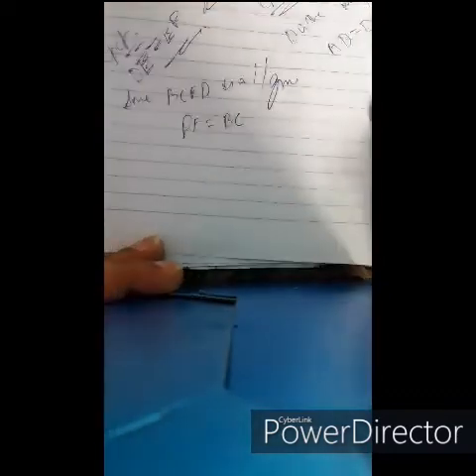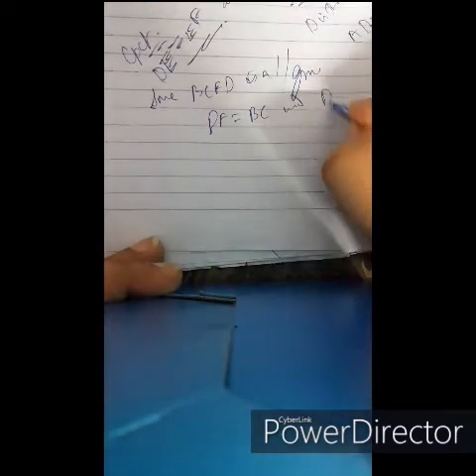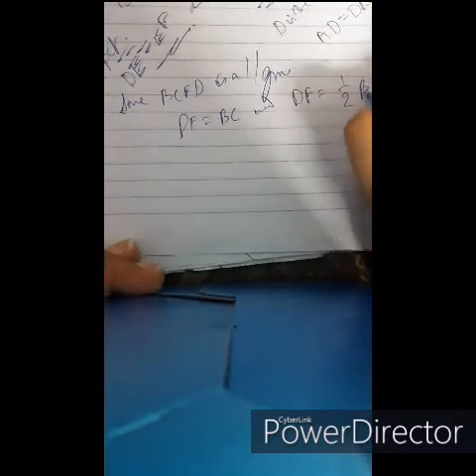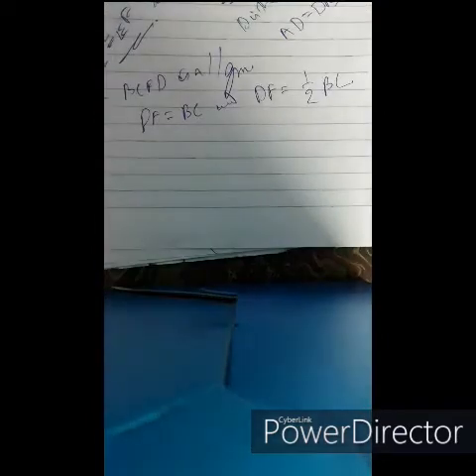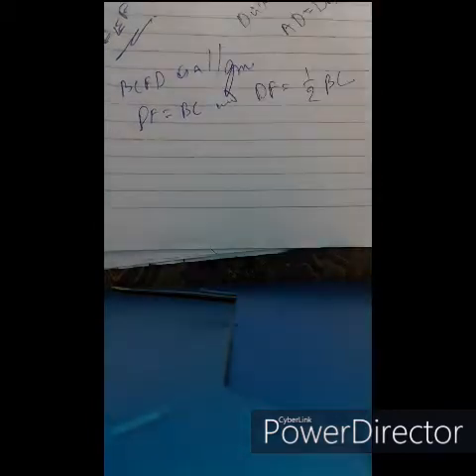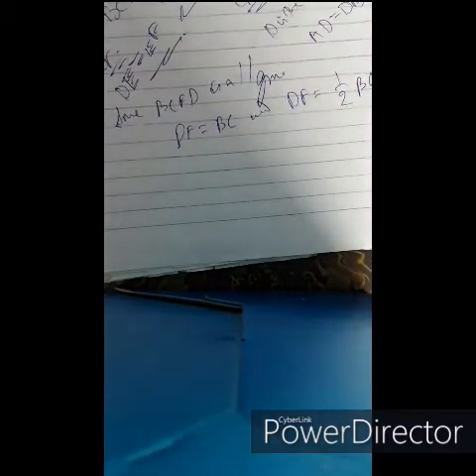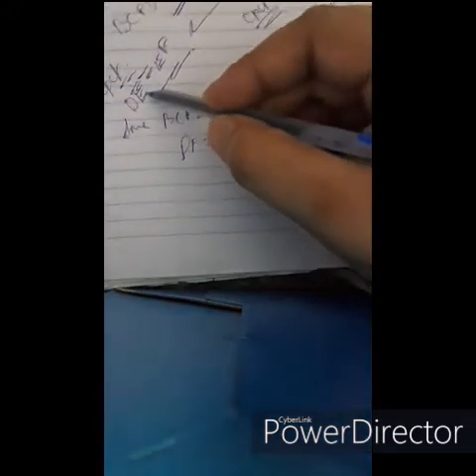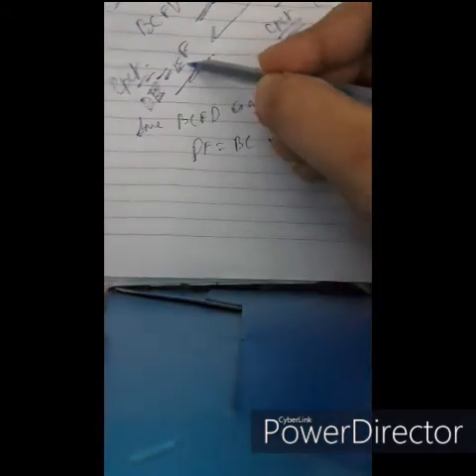DF is equal to BC, and DF equals half of BC. Since BCFD is a parallelogram, DF equals BC. So we have proved DE equals EF.